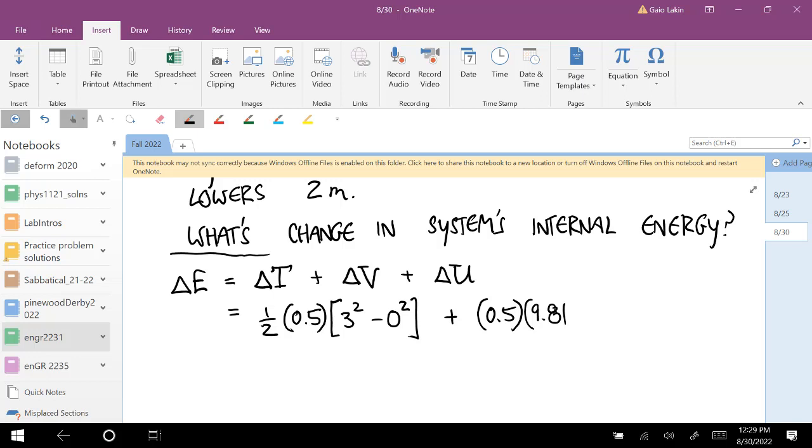Does the gravitational potential energy of something get bigger as it gets higher or bigger as it gets lower? Bigger as it gets higher, and in order for that to happen, that g has to be positive. The change in height is -2 meters. That's given in the problem. It lowers 2 meters. And then plus delta U.